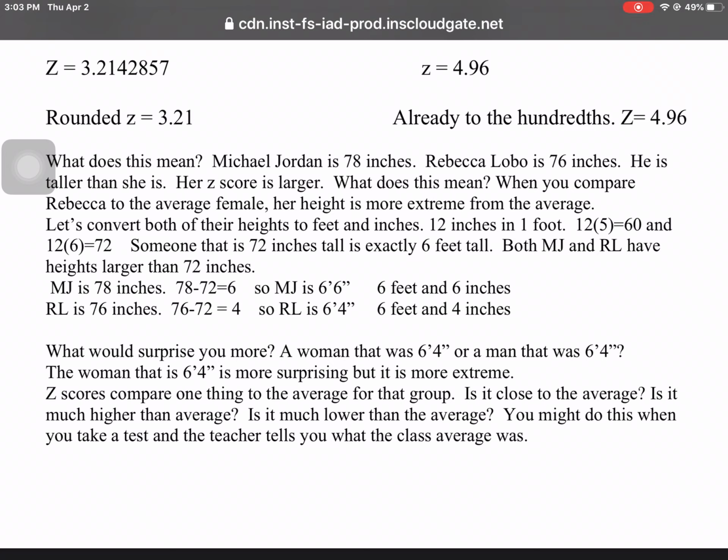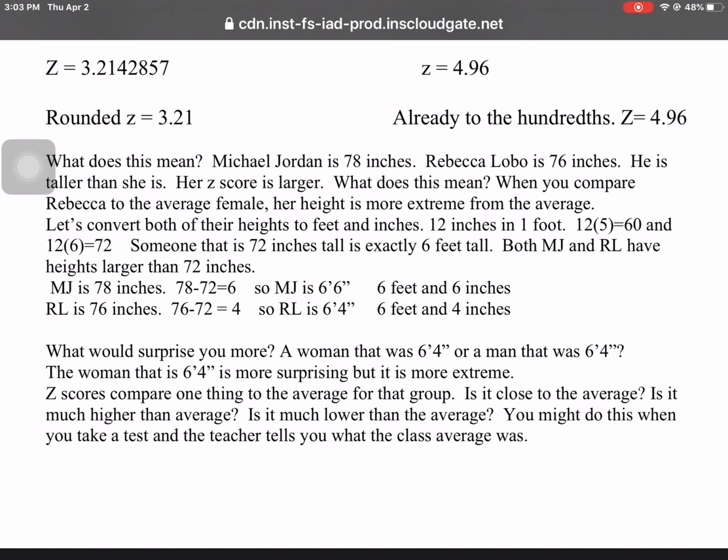So 78 minus 72 means an extra 6 inches. 72 inches is 6 feet tall. So 78 minus 72 means Michael is 6'6". RL is 76. 76 minus 72 is 4. So that means RL is 6 feet 4 inches. Now if they're both standing side by side, Michael Jordan is taller.